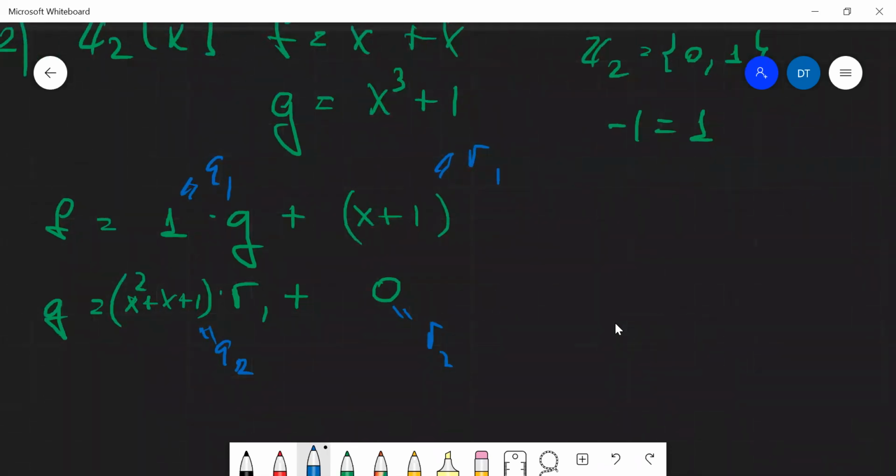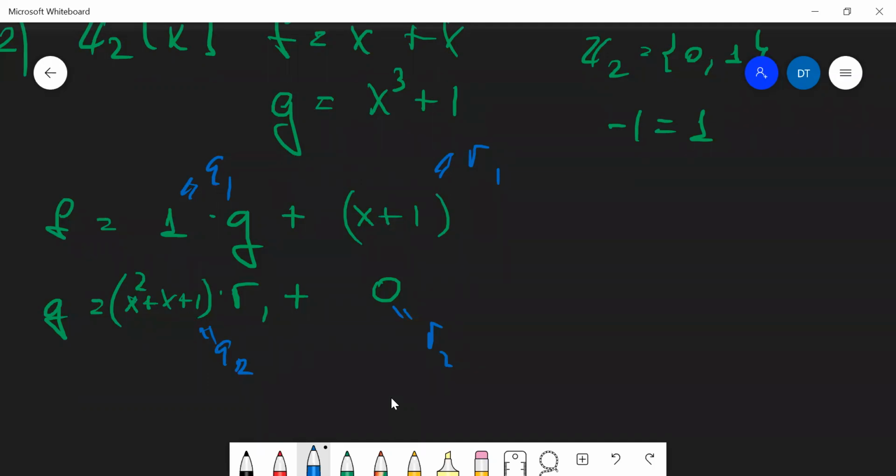Just in case, do you need me to compute this explicitly? Is there anyone who doesn't understand how we get these polynomials, at least one of them? And should I explain how to divide?